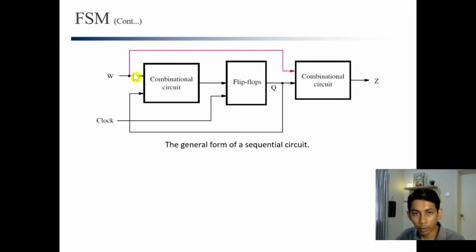So when we don't have this line, we can see that the output is only dependent on the state of the finite state machine. The output Z is only dependent on the present state.